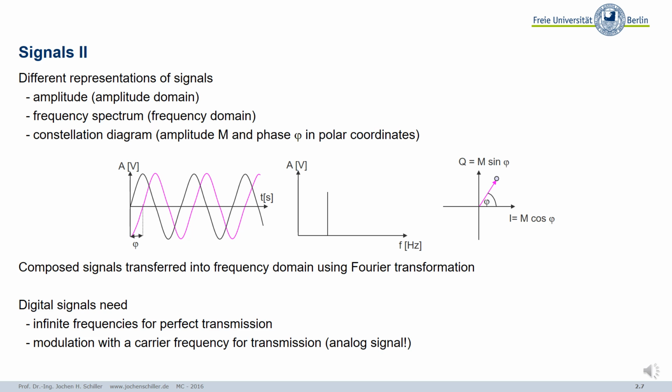So basically, we can represent a signal by the parameters: the amplitude, the frequency, and the phase. If you look at an oscilloscope, you will see the signal over time, with time on the x-axis and the amplitude shown.